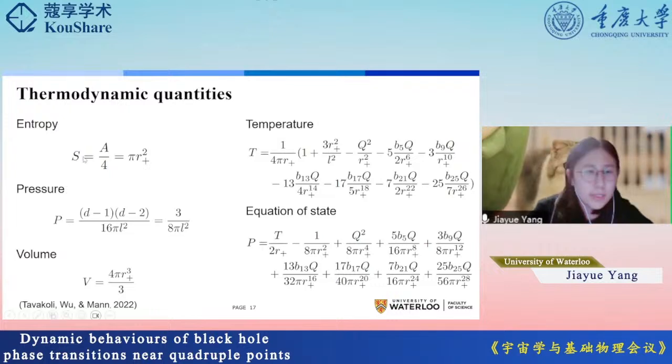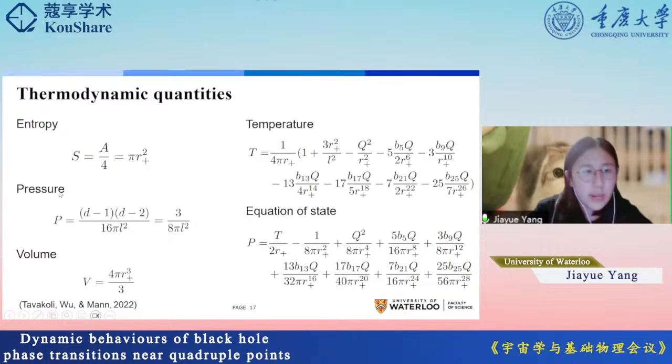S is proportional to the area of the event horizon, so the entropy is equal to pi times r_plus squared, where r_plus is the horizon radius. And we can also get the pressure.